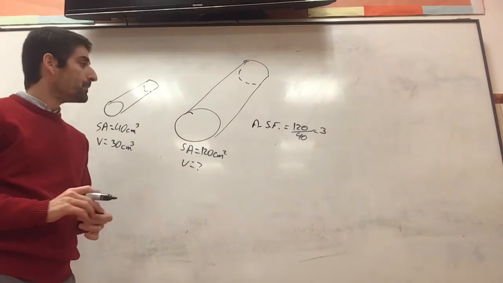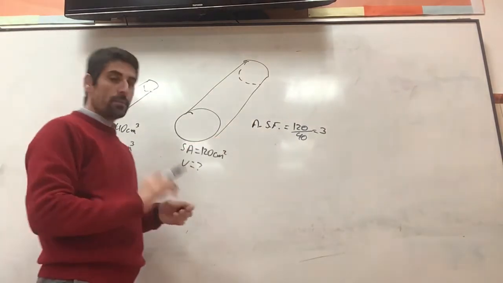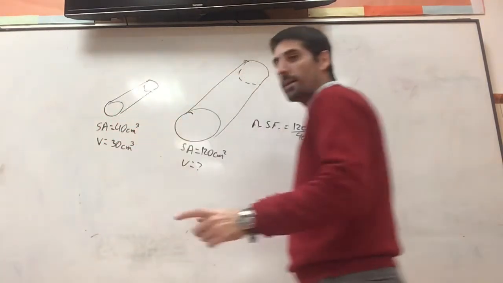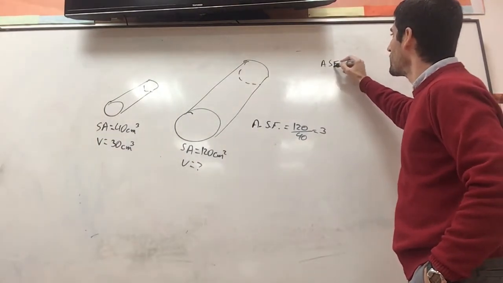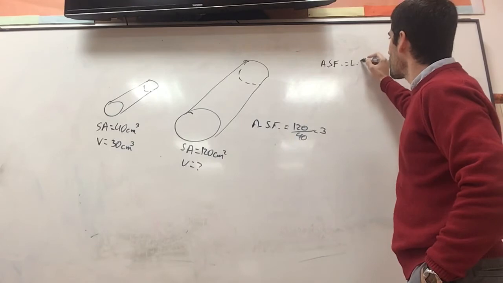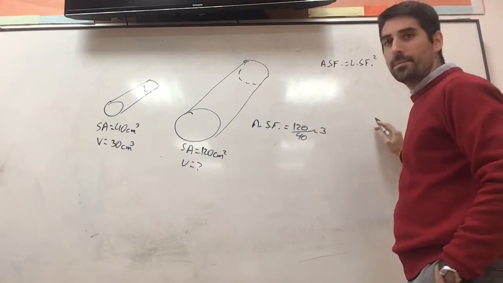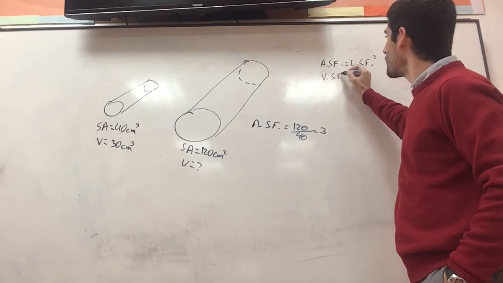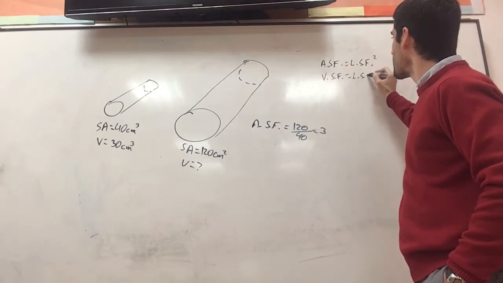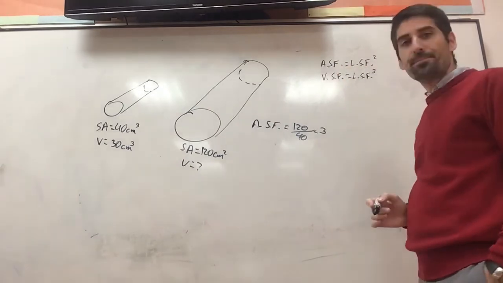So remember, we found out earlier, as an aside, the area scale factor is the length scale factor squared. We remember that from before. And the volume scale factor was the length scale factor cubed.